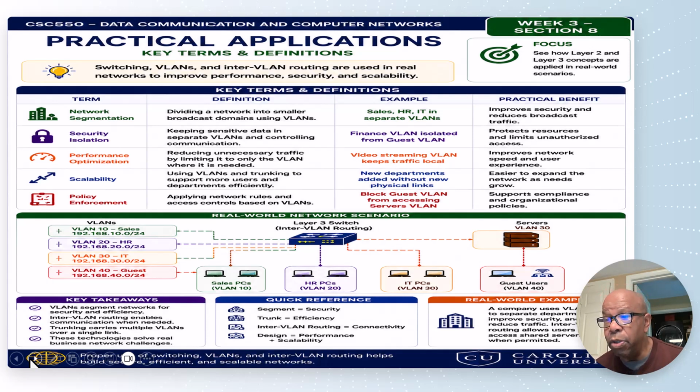Performance optimization: reduces unnecessary traffic by limiting it only to the VLANs that need it. If I don't need the traffic from a group of devices, I can group them into a VLAN and now I've separated that from everything else.